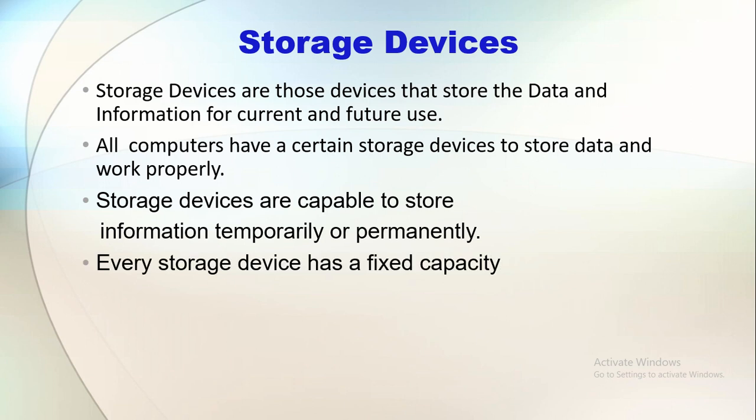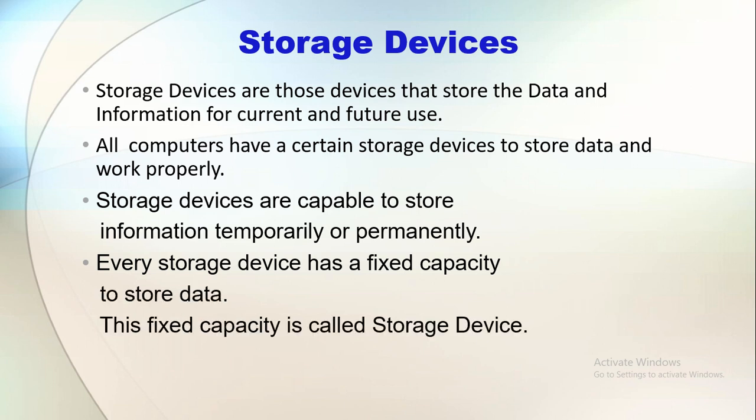Every storage device has a fixed capacity. Computer memory has a fixed capacity of storing data and information. Once the memory is full, additional data cannot be stored in the memory.